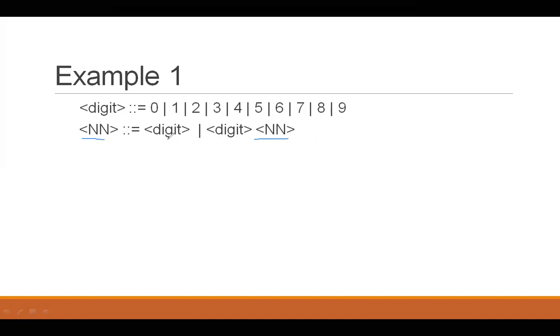So what this definition is trying to say is that a natural number can be, for example, 8, or it can be something like this, or even this.